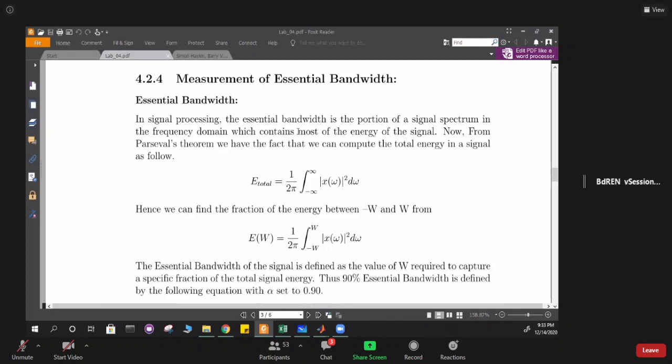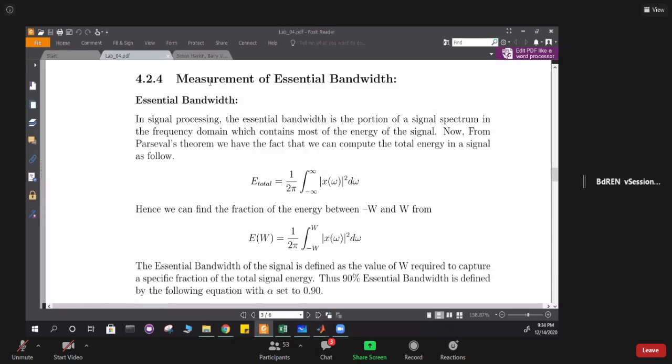Let us say for this rectangular pulse, we need the frequency domain from minus infinite to infinite. But for practical cases, we take a portion of it and say, okay, this portion of the signal contains most of the energy, or it can represent the original signal more or less. So this is most of the energy.